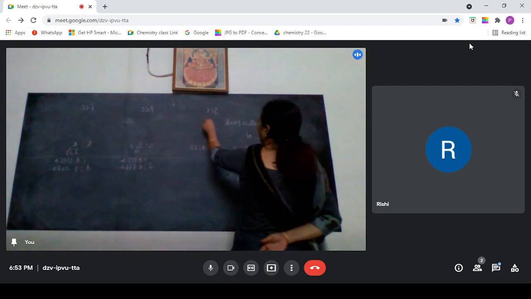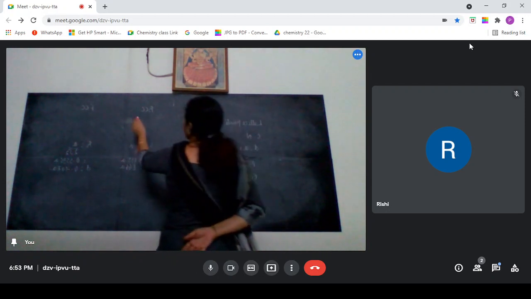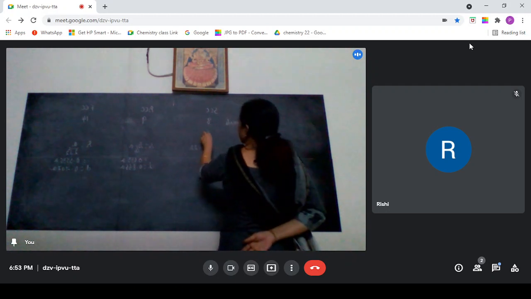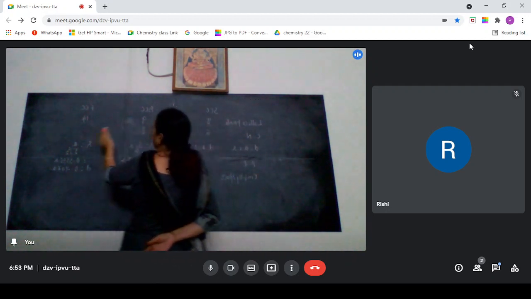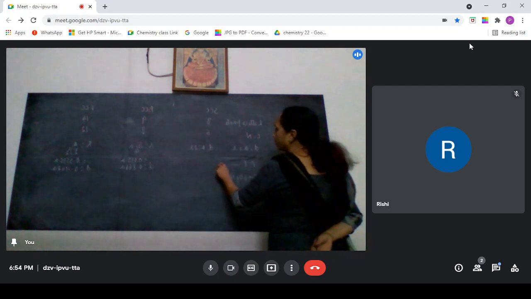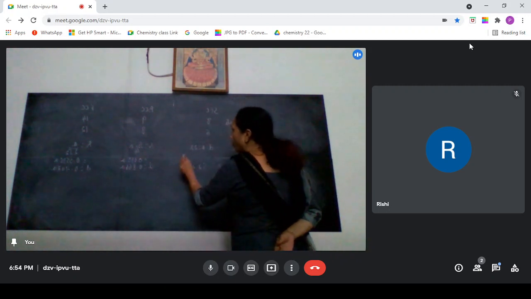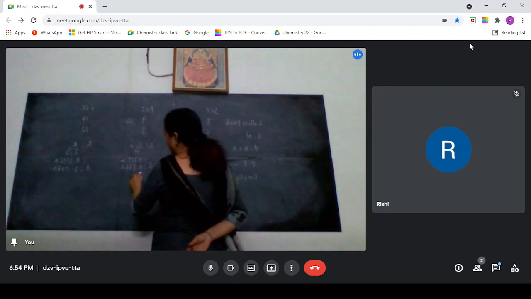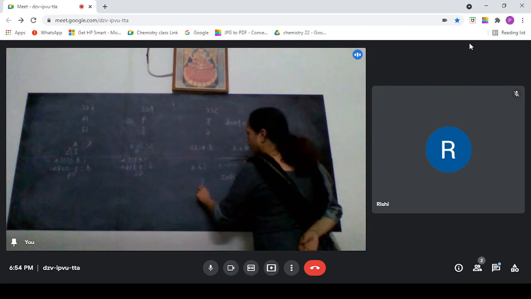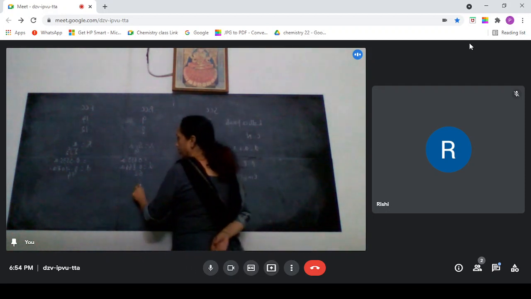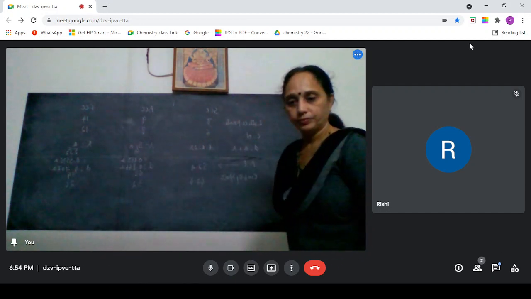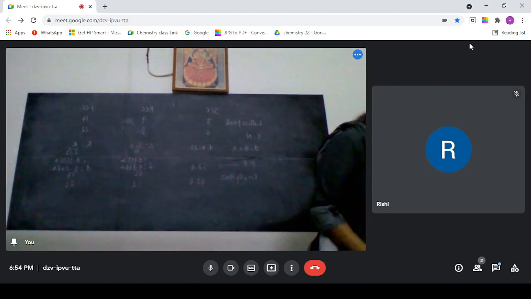So lattice points 8, 9, 14. Coordination number 6, 8, 12. Relationship I have written. Packing efficiency 52.4, 68, 74. Empty space 47.6, 32, 26. Like this you have to write. This I'll take a pic, and examples.